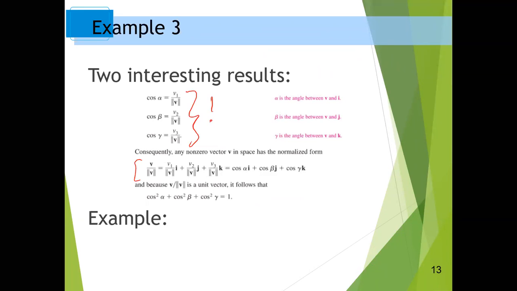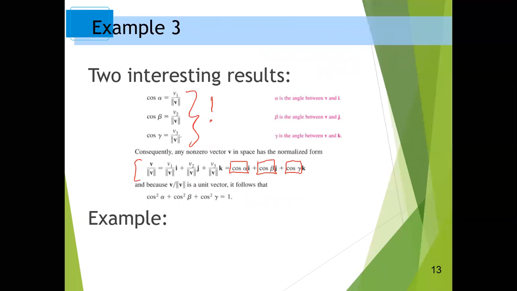Yes? That's what the new vector is going to be. And hey, don't you see V1 over the length of V, that's cosine of alpha, yes? V2 over the length of V, that's cosine of beta. V3 over the length of V, that's cosine of gamma, yeah? So in other words, cosine alpha, cosine beta, cosine gamma, those are just the coordinates of a unit vector in the direction of V, yeah?